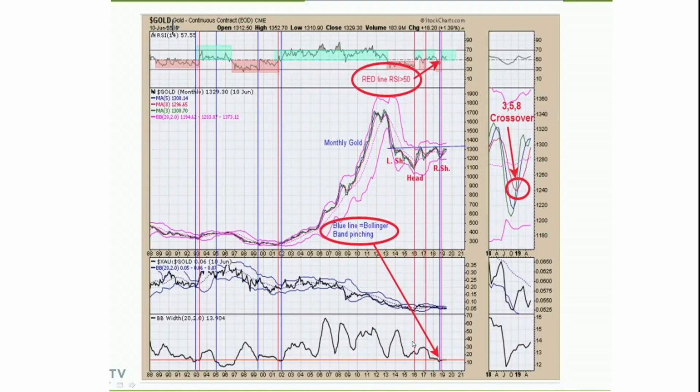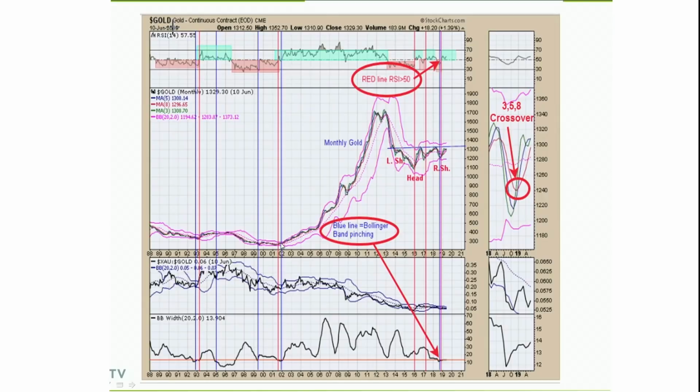So another thing I want to point out, we compared when the RSI is above 50 and the Bollinger Bands are below or around 10. It happened in 1993, happened again in basically 2001, and it's happening basically right now, late 2018, 2019. Previously, in '93, the market went up about 30%.